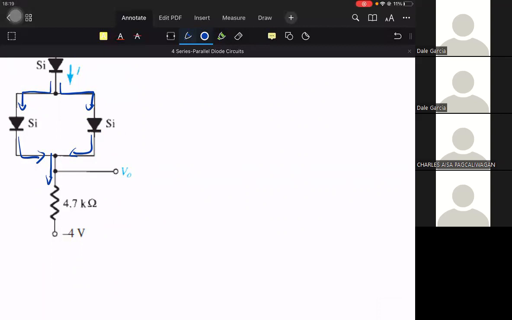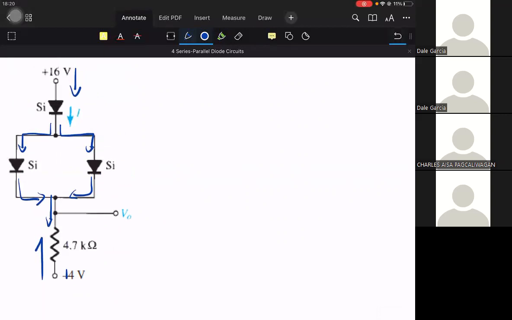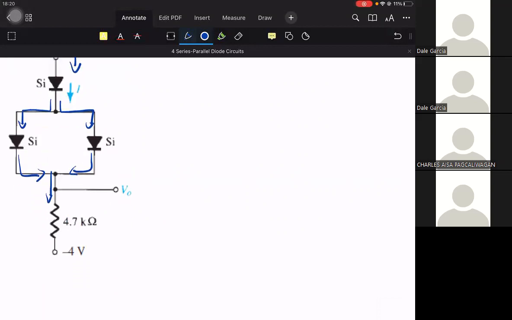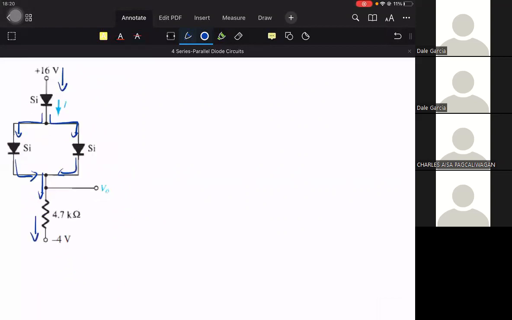Kung positive 4 ni siya, mo pasaka ang current and mubangga siya sa source sa taas. So tungod kay negative ang source sa silong, mo-coincide na siya sa current sa taas. So dili i-overpower ni 16 si negative 4. In fact, tabangan ni negative 4 si 16. How do we know that to be true?